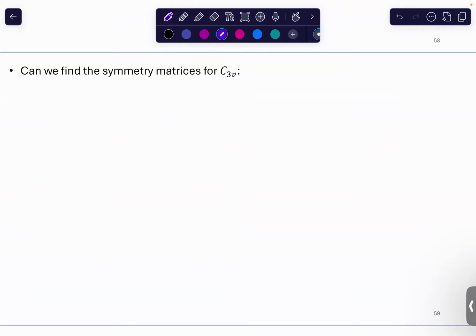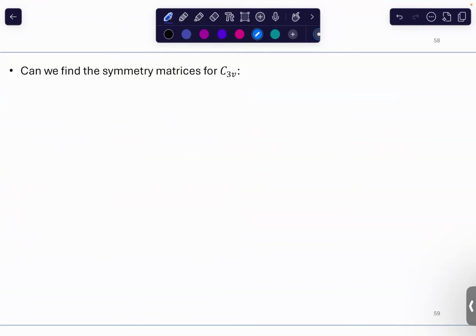Now let's think about ammonia, looking top down on it.